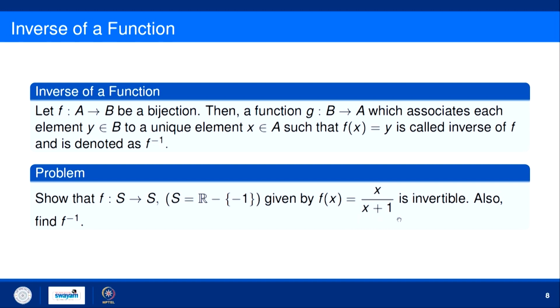Let us try to find out the inverse of this function. So what is f here? f is defined from R minus {1} to R minus {1}, and f(x) equals x upon x plus 1.